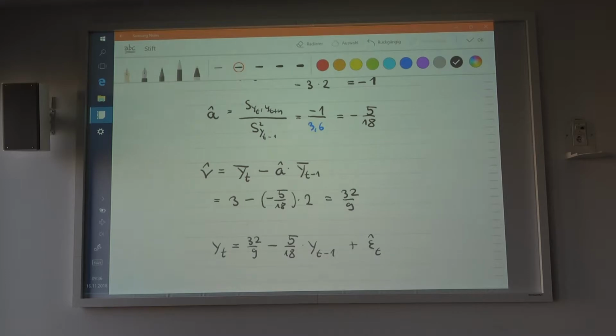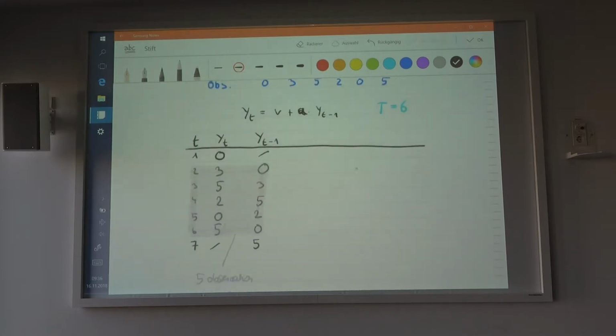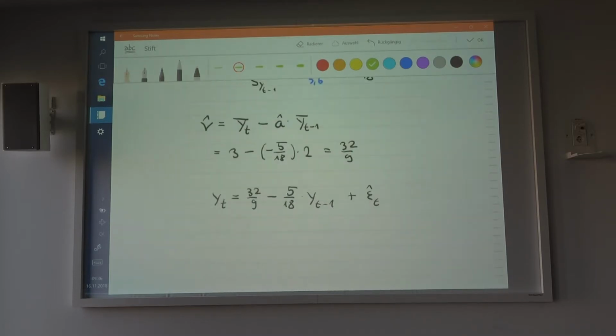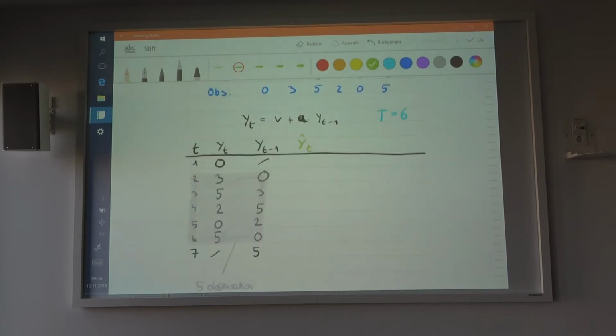We can basically continue also. I'm not going to do this, but maybe you can do this just to verify that. What you could do is calculate the explanatory parts by plugging in the observed parts in the regression analysis. So this is going to be 32 over 9 minus 5 over 18 times yt.